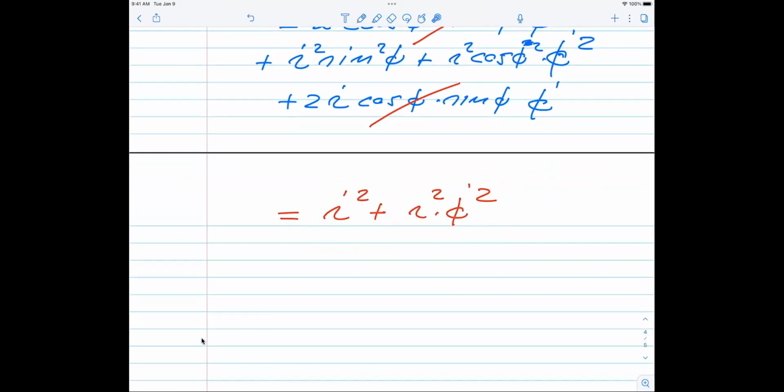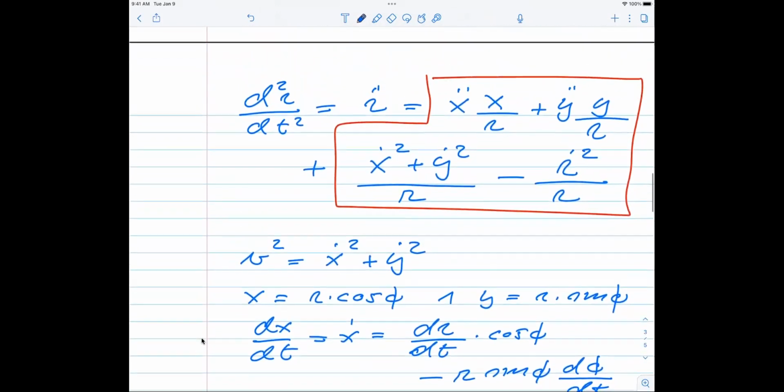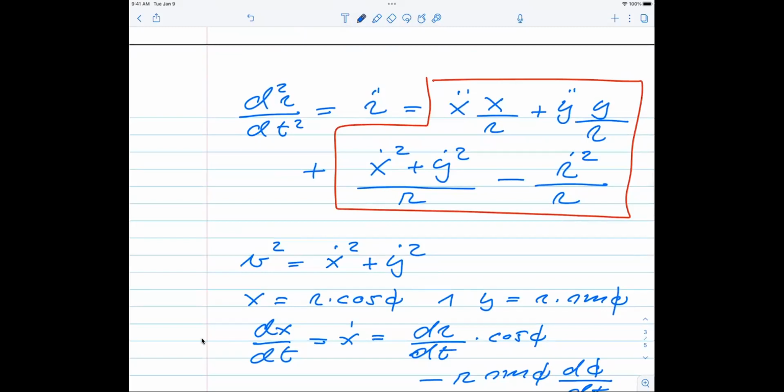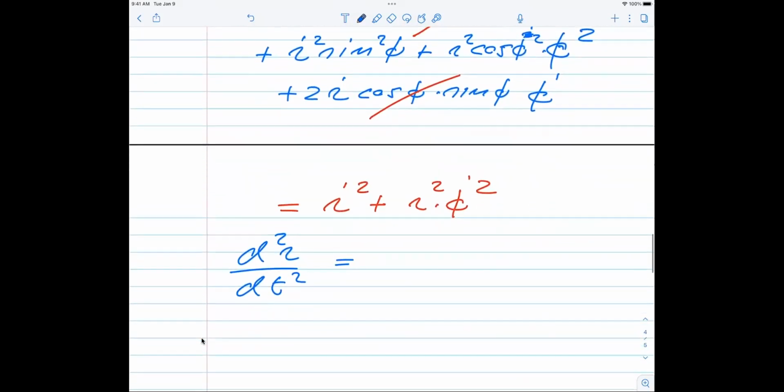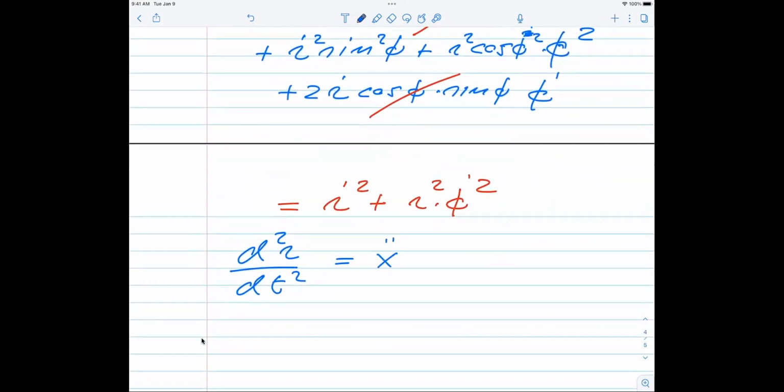So when I bring up the final expression for the second derivative, I'm going to have d squared r/dt squared equal to, and now I bring back the terms: x second derivative times x divided by r, and then the second derivative with respect to y multiplied with y divided by r, plus this term r times phi dot squared.